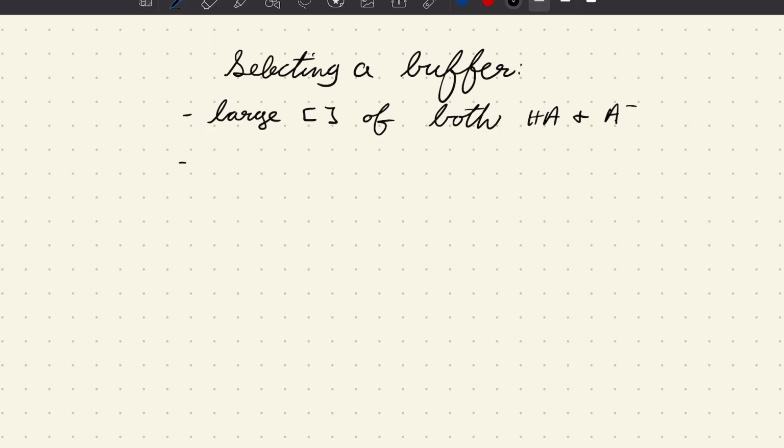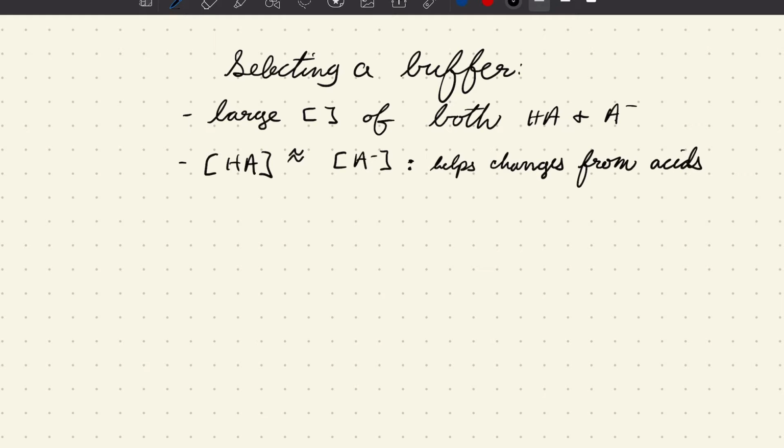We want the concentration of HA to be roughly equal to the concentration of A minus. And this helps resist changes from acids and bases.